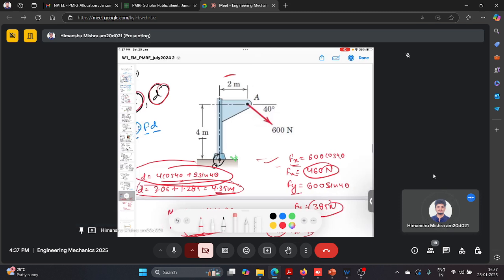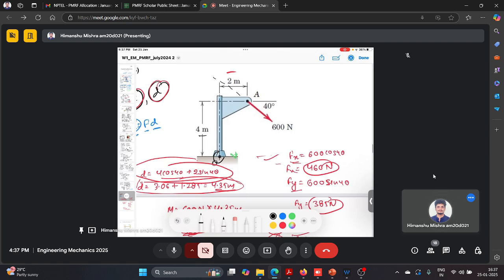So earlier in this lecture, we talked about how you can slide the force along the line of action. So this is your line of action for this force. You can define the force here also, 600 Newton, or you can define the force here also, which is 600 Newton. So basically you can slide the force along the line of action. The response will be the same, as we have discussed earlier in the class.